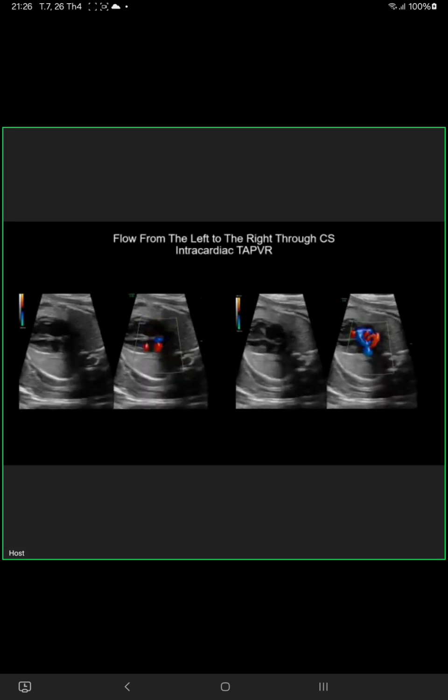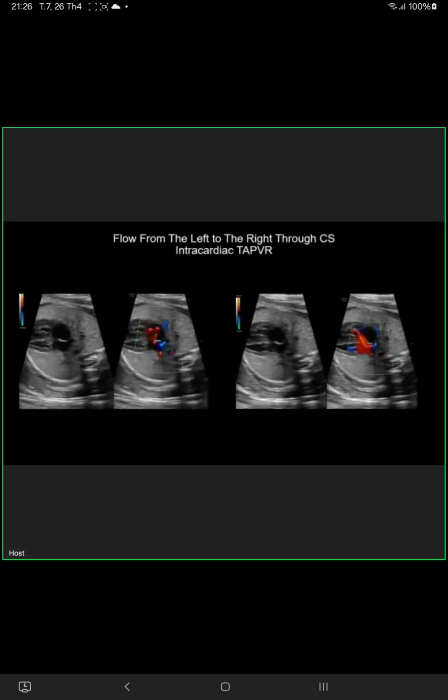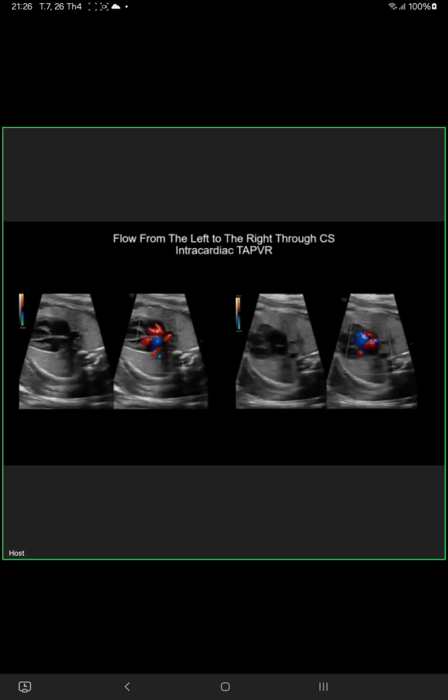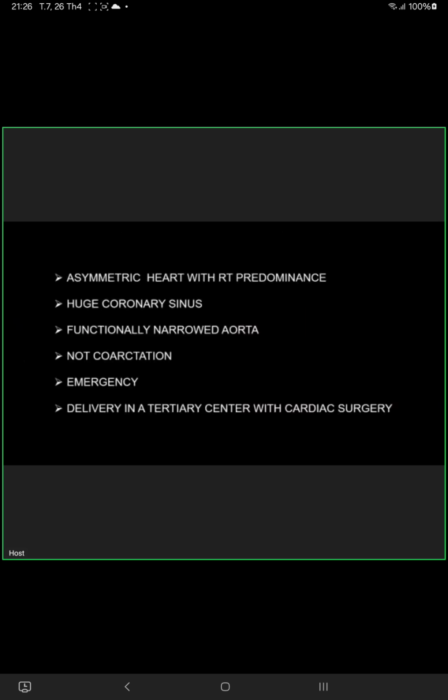It's total anomalous pulmonic vein return, intracardiac. So it was asymmetric heart with left predominance, huge coronary sinus, functionally narrowed aorta. It's an important issue. It's not coarctation. It's emergency situation, and delivery must be in centers with cardiac surgery.